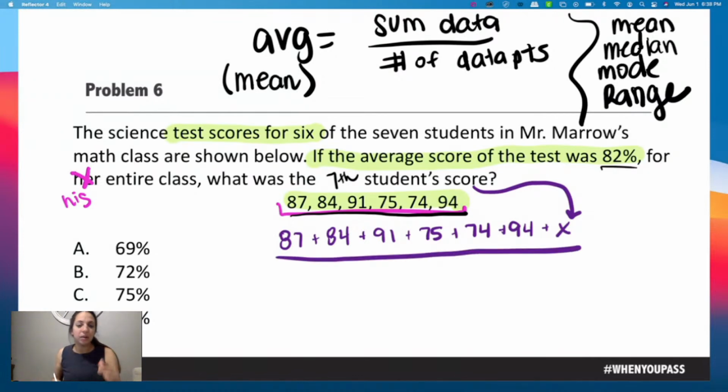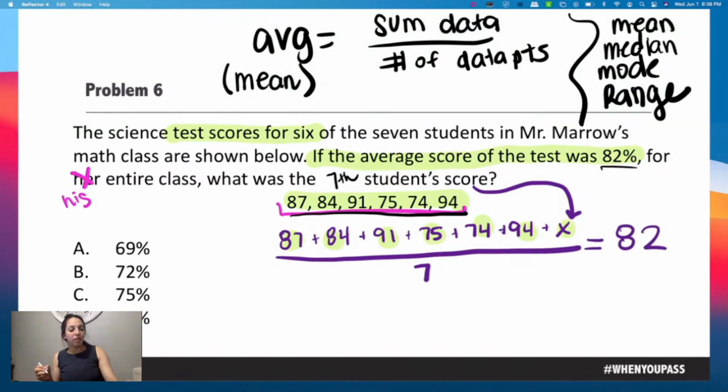Divided by how many data points do I have? I have 7 data points technically, because I have 1, 2, 3, 4, 5, 6, but that X is 7 because it's included in my sum. All of that is going to equal 82.